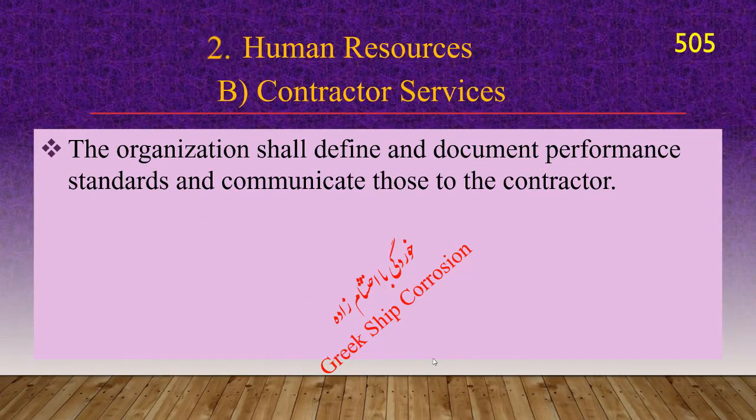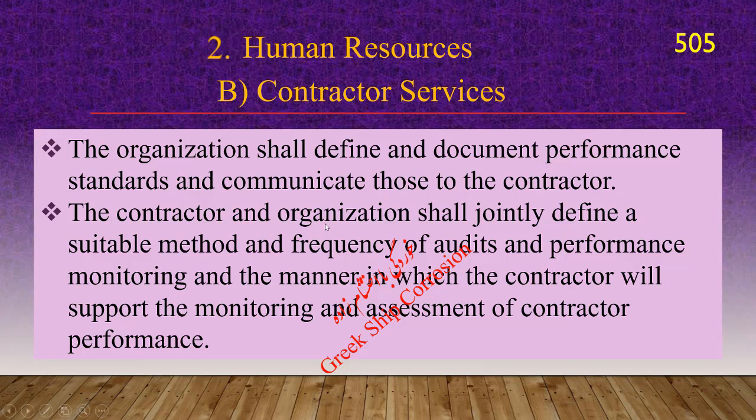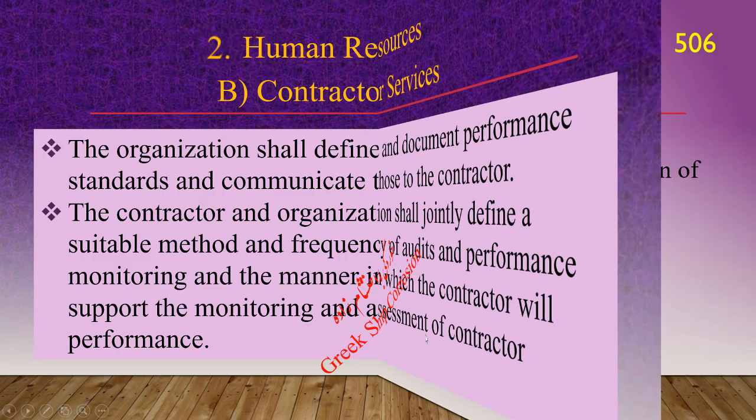The organization shall define and document performance standards and communicate those to the contractor. The contractor and organization shall jointly define a suitable method and frequency of audits and performance monitoring and the manner in which the contractor will support the monitoring and assessment of contractor performance.